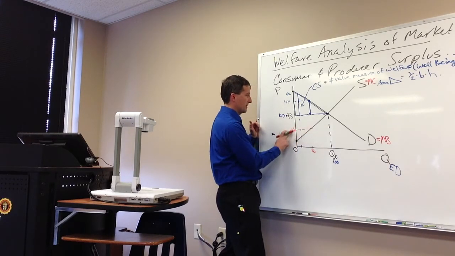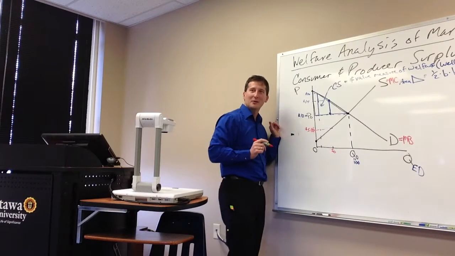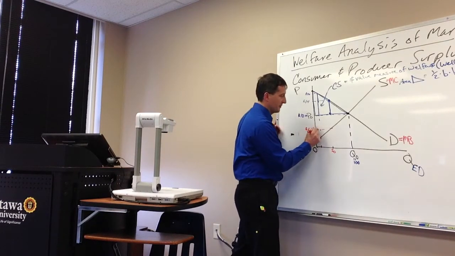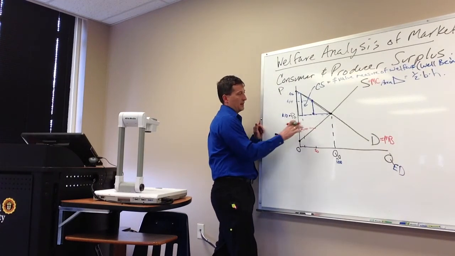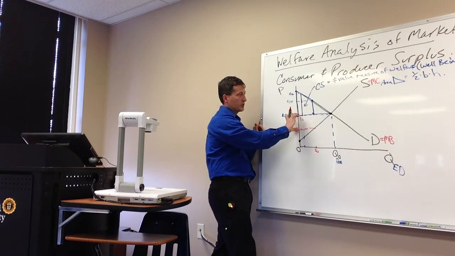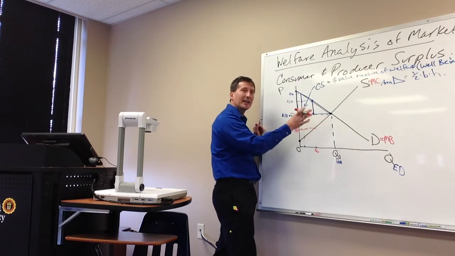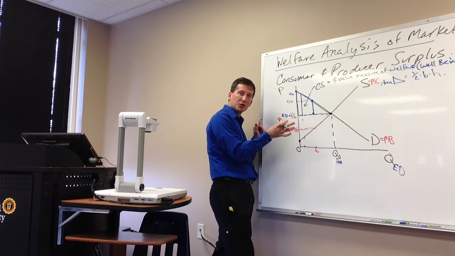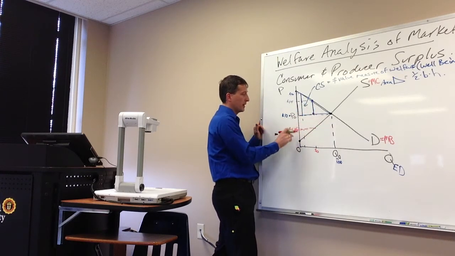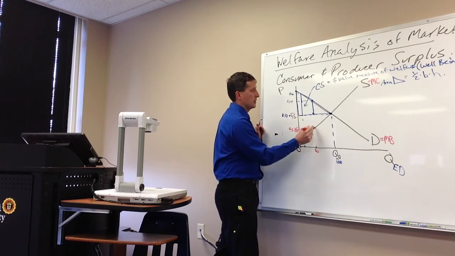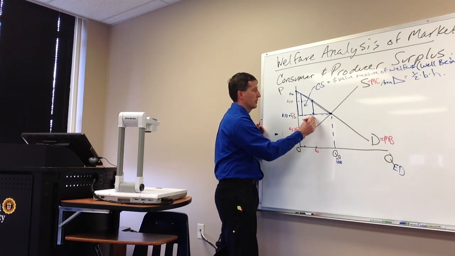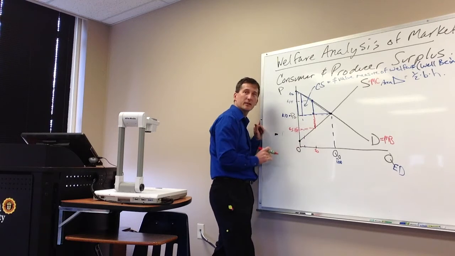Maybe it's $5.10. $5.10. So the producer surplus that they got, kind of the profit on the marginal unit, was $4.90, which is this vertical height for the 50th unit.